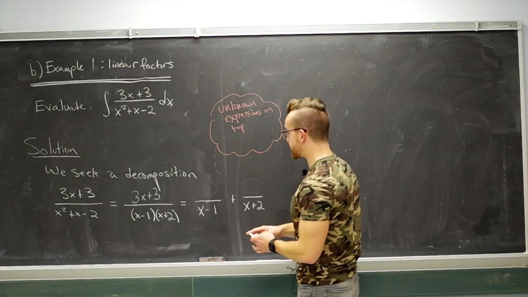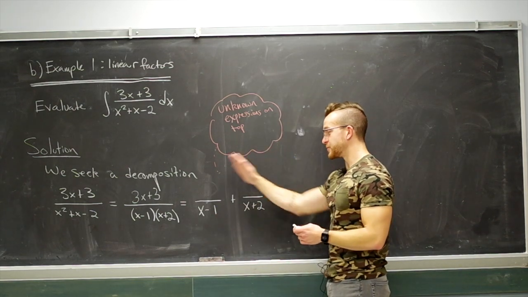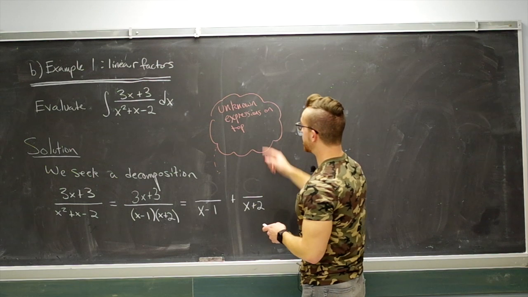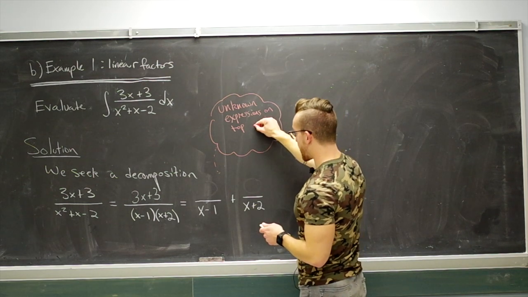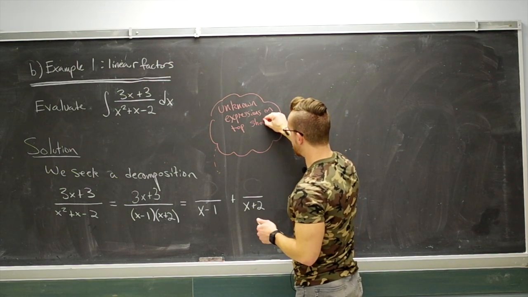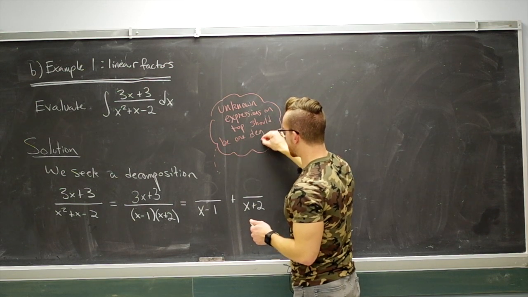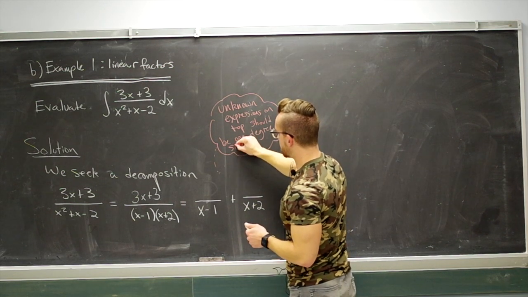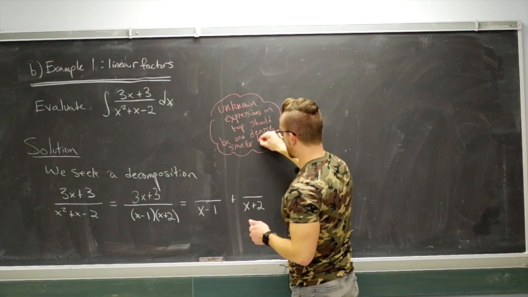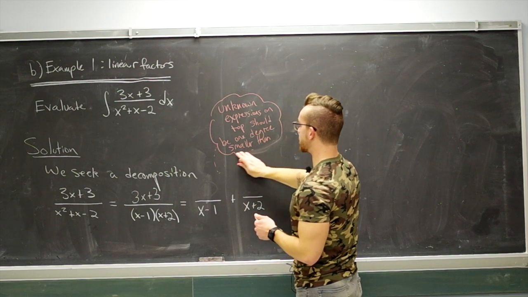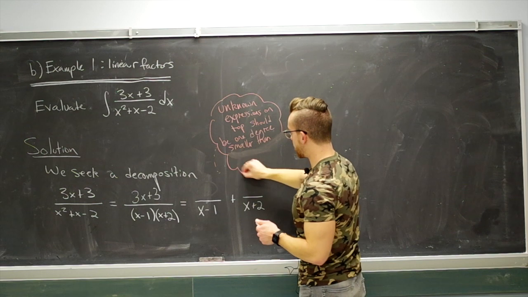That was a lot of words, and I'll write it, and it probably won't make sense, but then I'll explain what I mean. So unknown expressions on top should be 1 degree smaller than the factor.